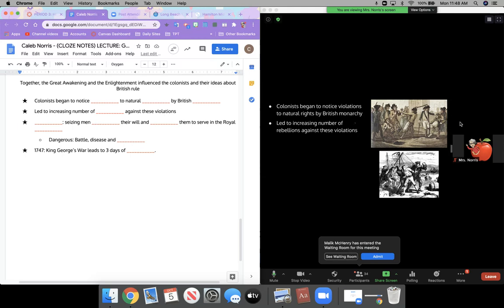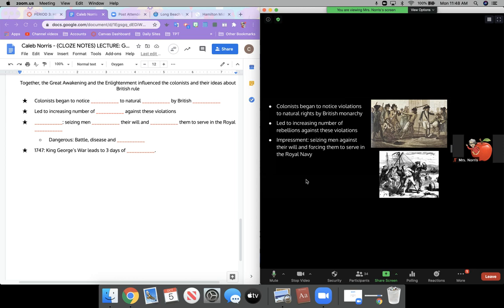Okay. Now, taking it back to the 1700s, we had this event called an impressment, right? And this was something that the British government was doing to colonial men.